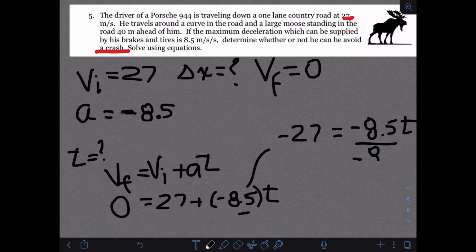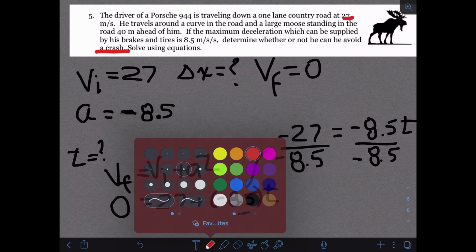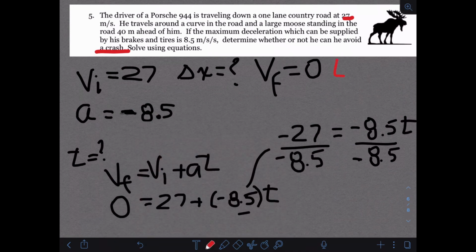Divide by negative 8.5. You get a positive time, which you better get. And I'm going to crunch some numbers really fast here. I get 3.18 seconds. I'm going to put that right there.